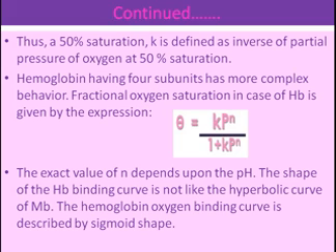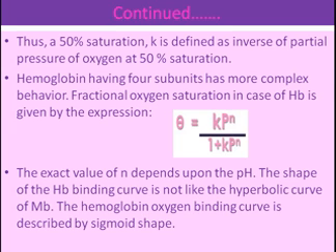With the continuation of this, at 50% saturation K is defined as the inverse of the partial pressure of oxygen at 50% saturation. So the expression remains the same, whereas the partial pressure of oxygen in myoglobin and hemoglobin will change our expression: if 50% saturation is occurring, then the partial pressure will become half, and it results in the hyperbolic curve and the sigmoid curve.